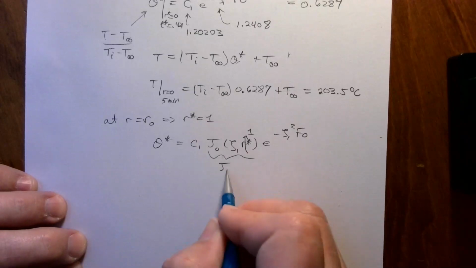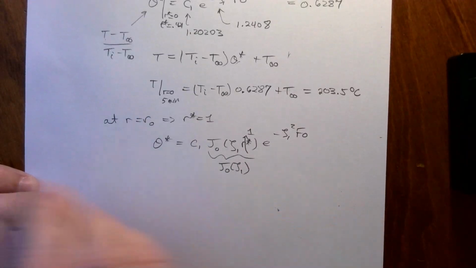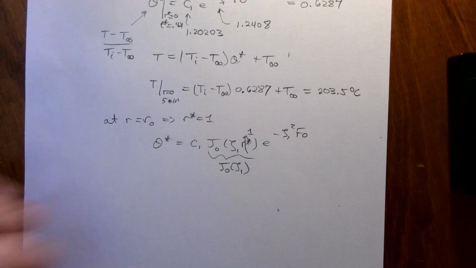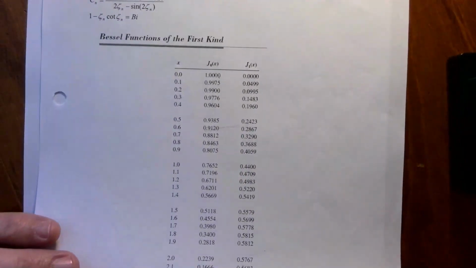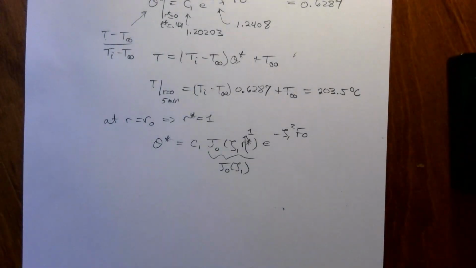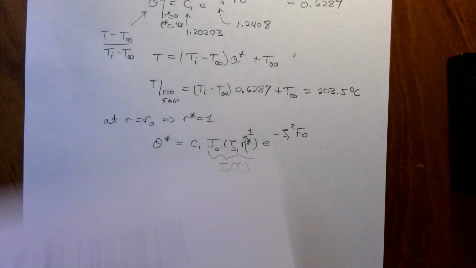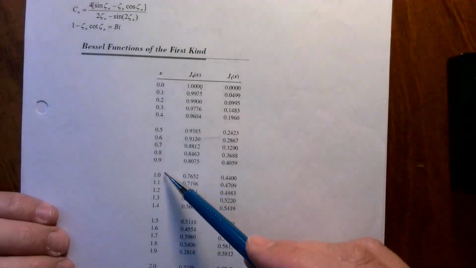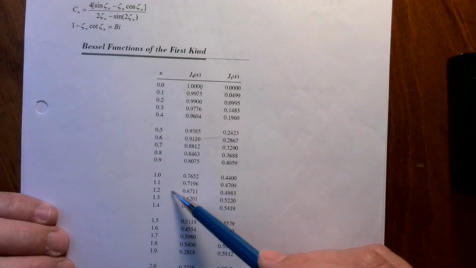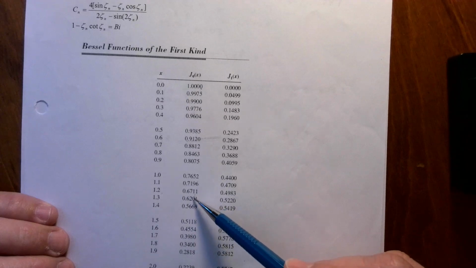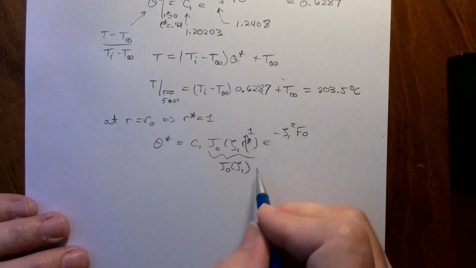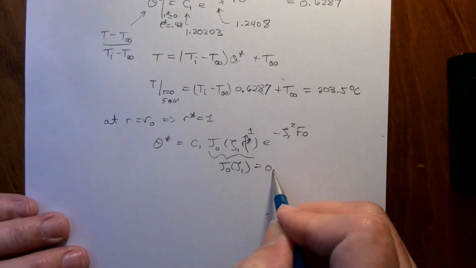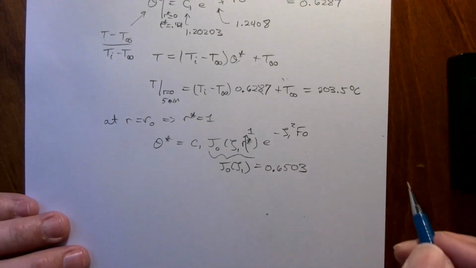So now we must evaluate J naught of zeta 1. Zeta 1 is 1.2408. So come in here, go to 1.2408 and interpolate a J naught from this. I get 0.6503.